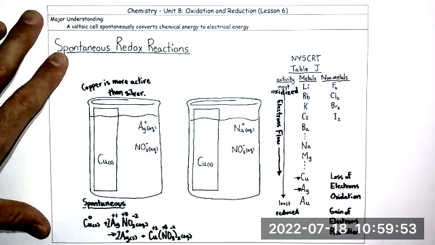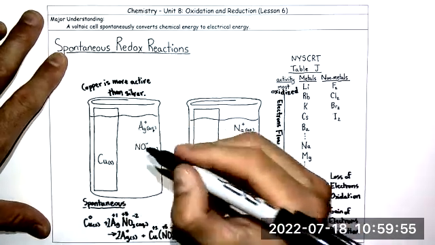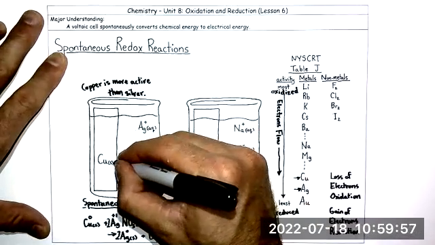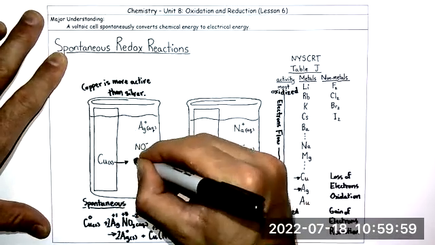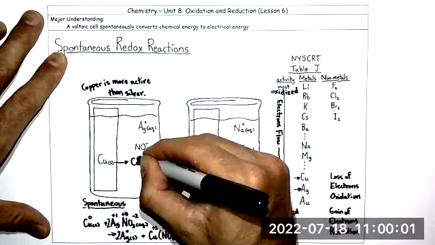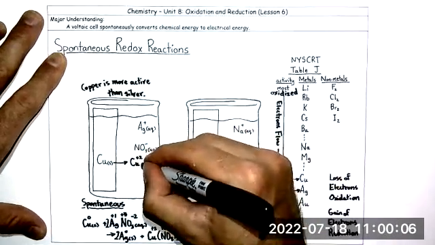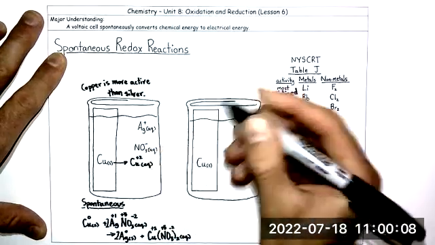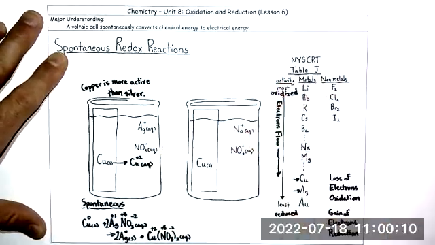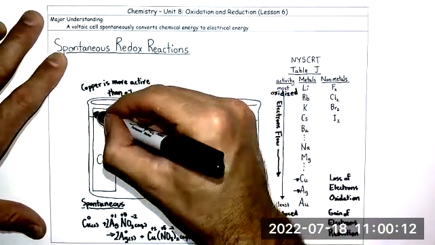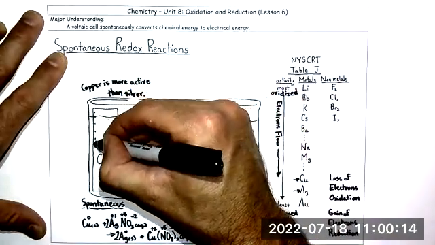Okay. And so what's happening here is actually we are getting our solid copper dissolving into solution, becoming copper plus 2 ions, aqueous. Okay. And so because of that, our copper electrode is actually going to be getting smaller.